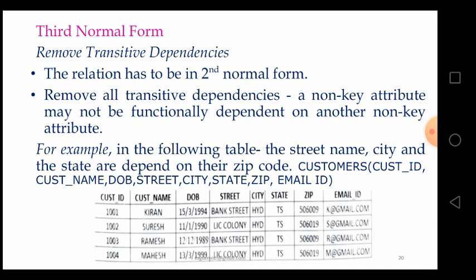In third normal form, the relation has to be in second normal form. That means remove transitive dependencies. Remove all transitive dependencies.